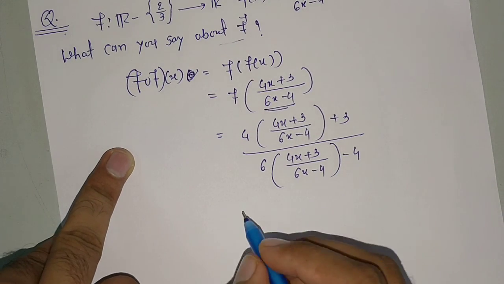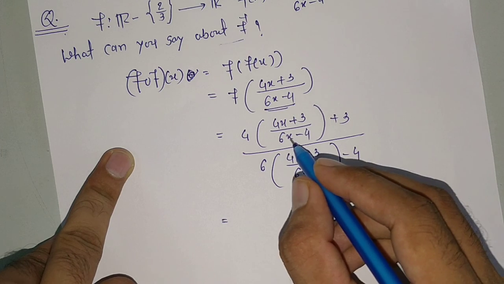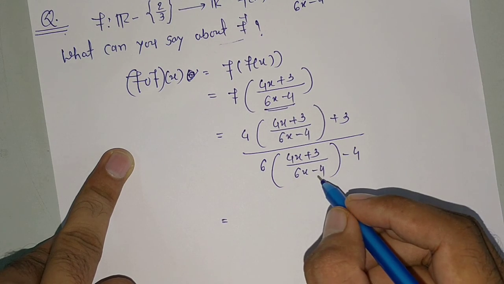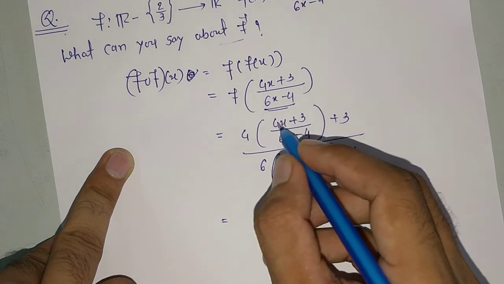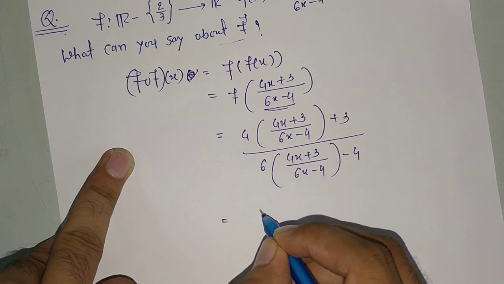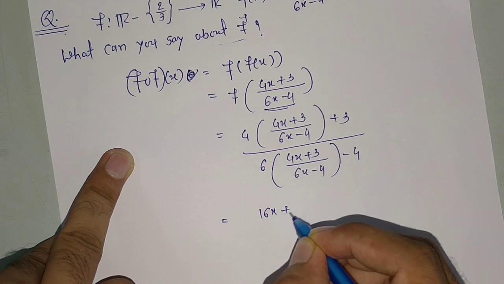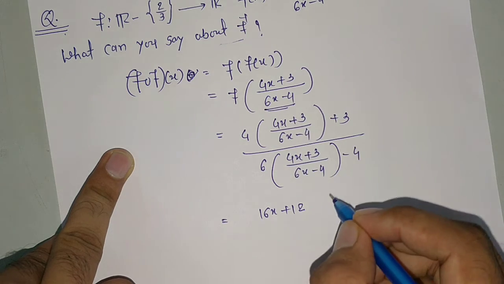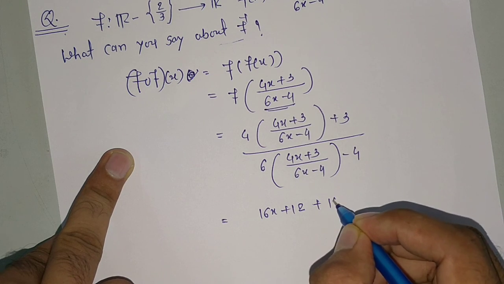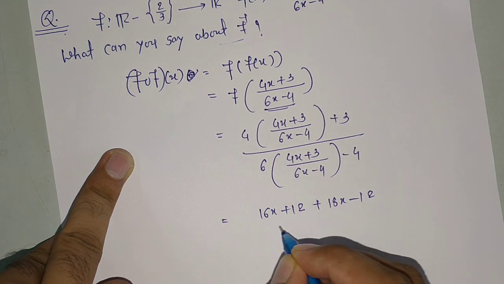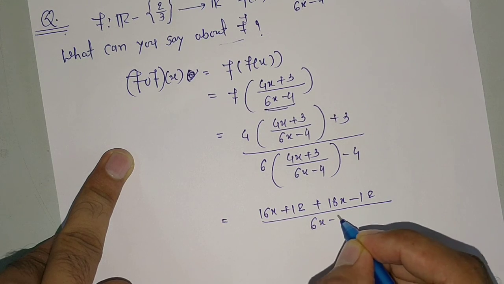Then simple simplification: we take the LCM of 6x minus 4 in the numerator, and the same for the denominator. So 4 into 4x gives 16x plus 12, plus 3 multiplied by (6x - 4) gives 18x minus 12, upon 6x minus 4.